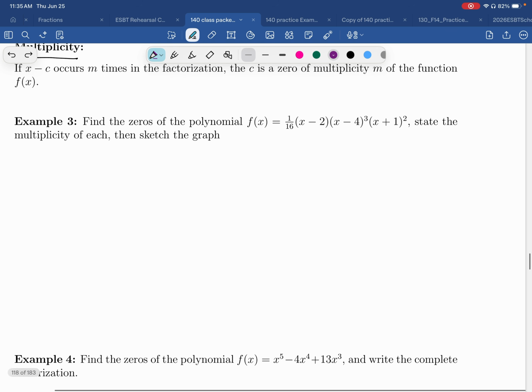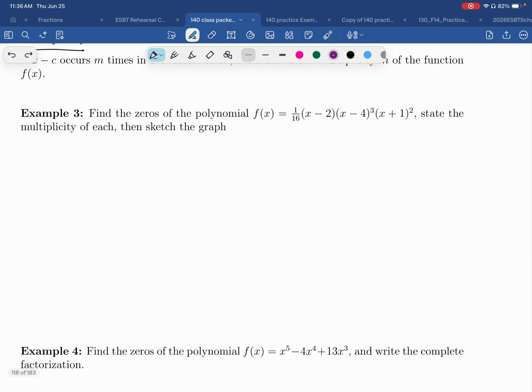Okay, so if we're looking at example number 3, it says find the zeros and state the multiplicity and sketch the graph. So my zeros come from each of these, right? So I've got this one, and this one. So I have 3 distinct zeros. So we have x minus 2 equals 0 will give us x equals 2. Now the power on that is just 1, so this has a multiplicity of 1. We take our x minus 4, set it equal to 0.